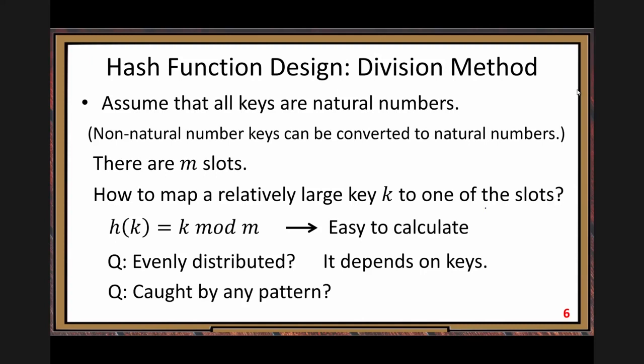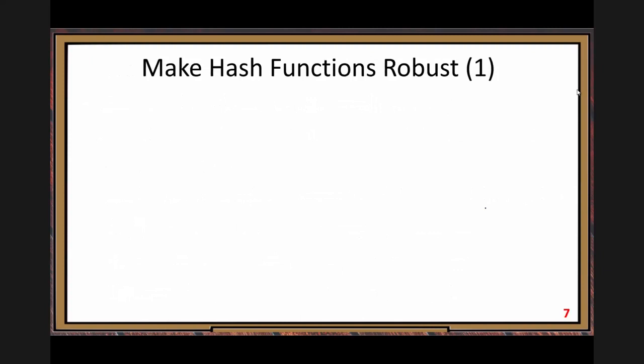Yes, we will see. I will give you some examples, so you will see. It's very easy to find some pattern to beat this hash function. How do we make the hash function robust? We want to improve it, make it robust, not sensitive.